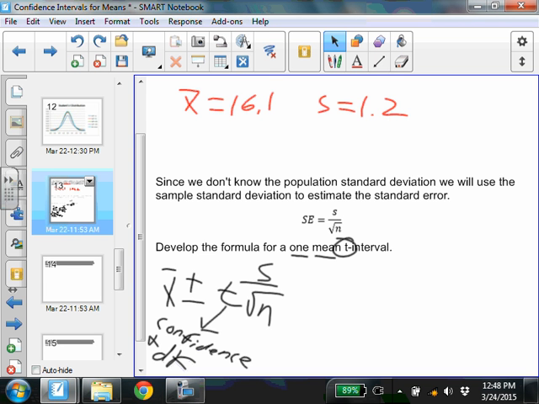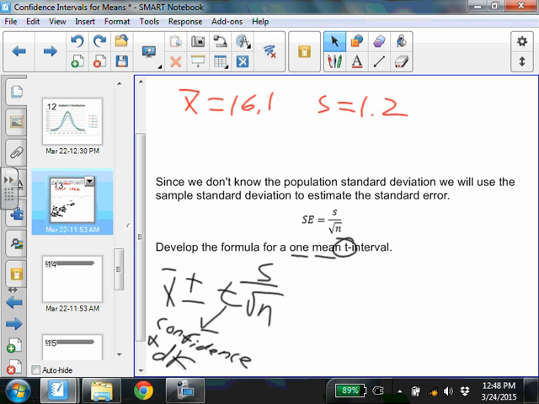Okay? So in your calculator, you can hit stat, go over to test, and there's a t-test, but we want a t-interval. Yeah, t-interval. We're giving it stats. So I'm going to ask for the mean, that is 16.1.